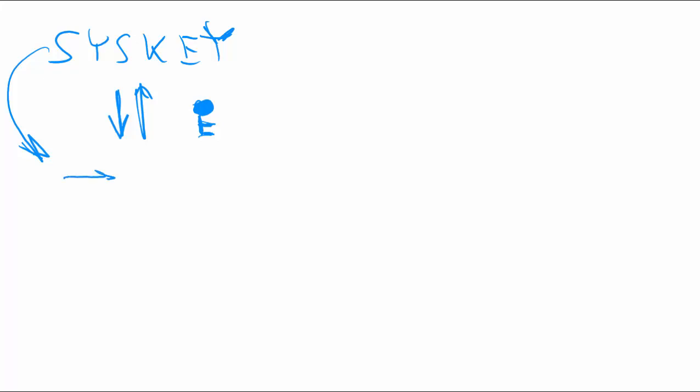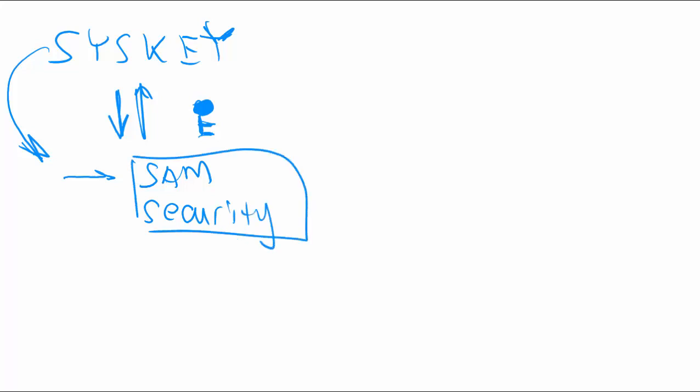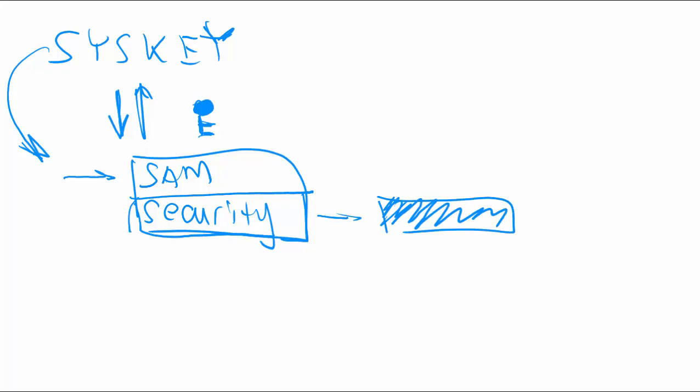And examples of the encrypted data are the SAM file and the security file, or the registry hives SAM and security. So if you open the security hive when the OS is turned off, and somehow copy the security hive from one system and try to open that file somewhere, all of the information inside of that file will be encrypted using the system key.